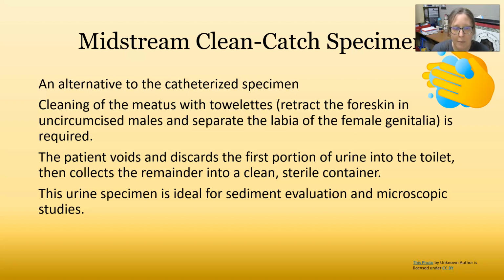Then the patient voids, starts peeing, and the first portion of the urine goes into the toilet. So midstream, first a little bit goes into the toilet, then you put the cup in and start collecting the urine.